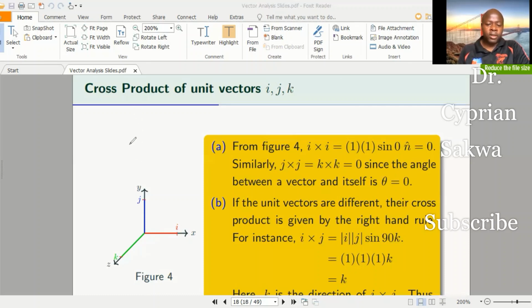Now, what you must have noticed is that I was multiplying them in the anti-clockwise direction.